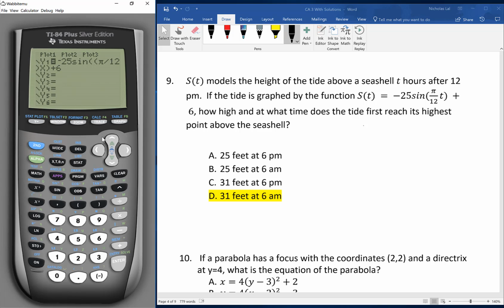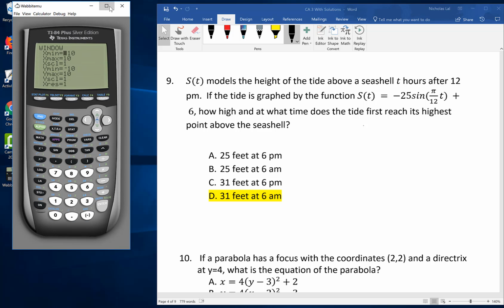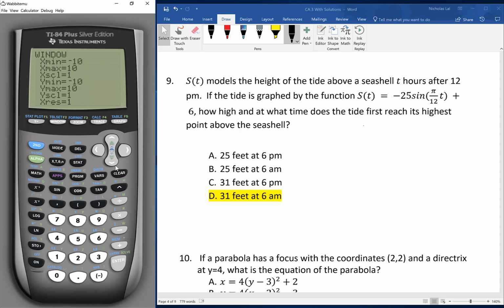All right, and then we need to choose an appropriate window. So it looks like we need to make sure our height fluctuates between 31 and negative 31. So let's change our window so that our y max is at least 42. Do the same thing on the negative side. The y min will be negative 42.